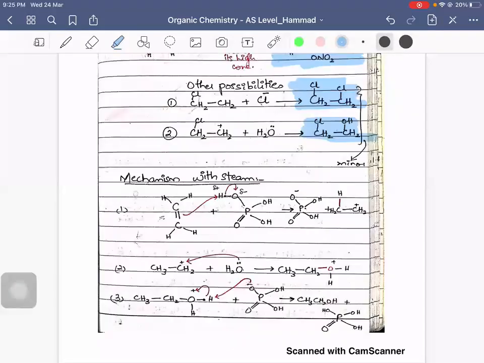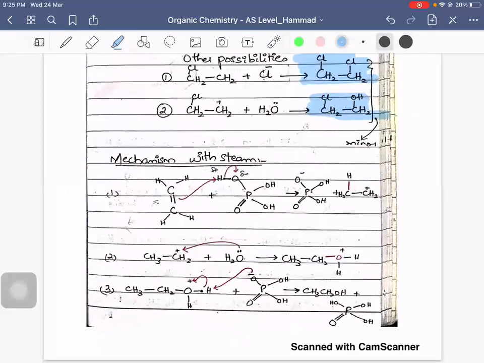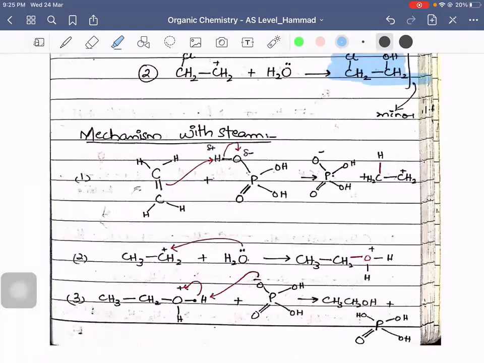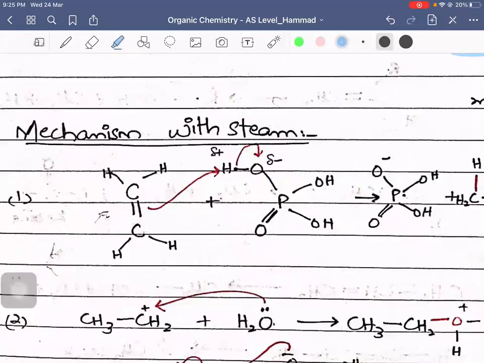Next comes the reaction with steam. You need to understand that steam will react in the presence of an H3PO4 catalyst. The catalyst reacts first, right? H3PO4 will be attacked.